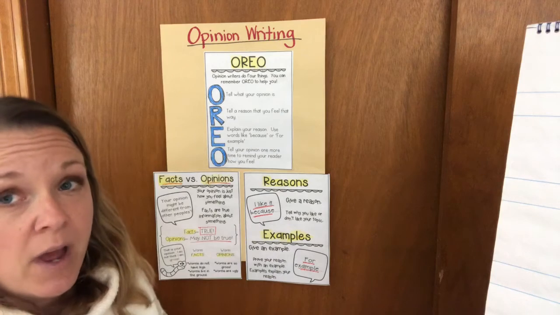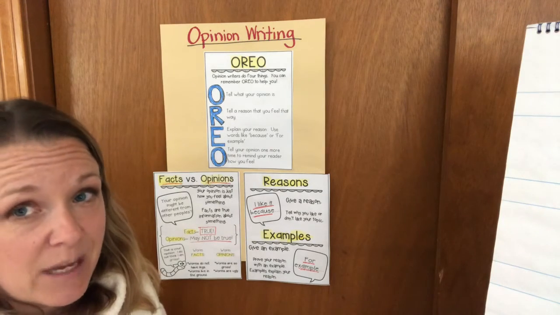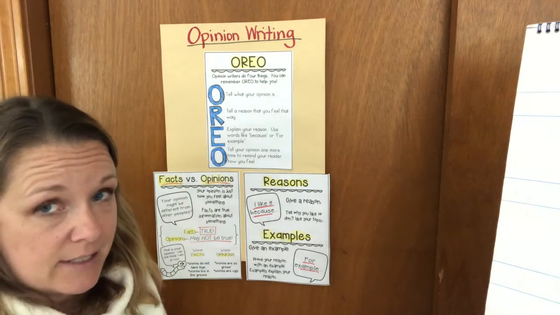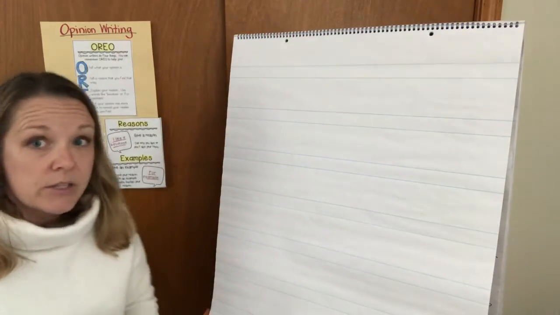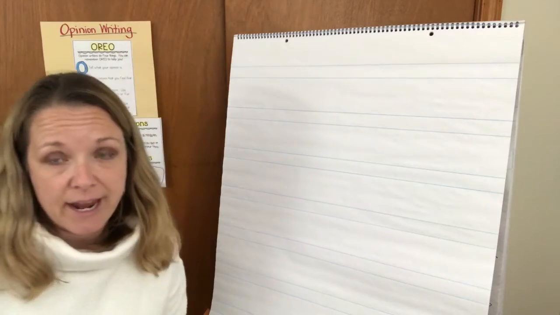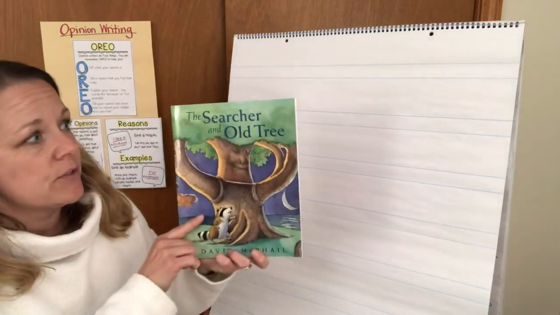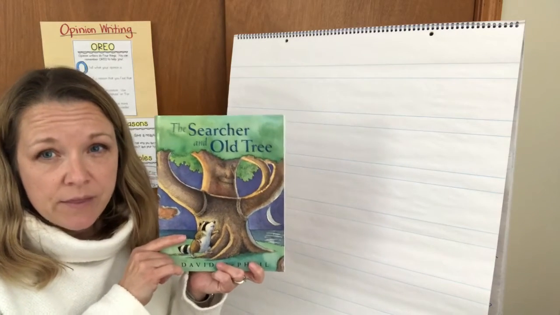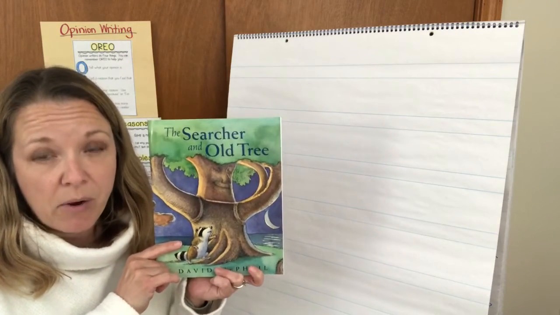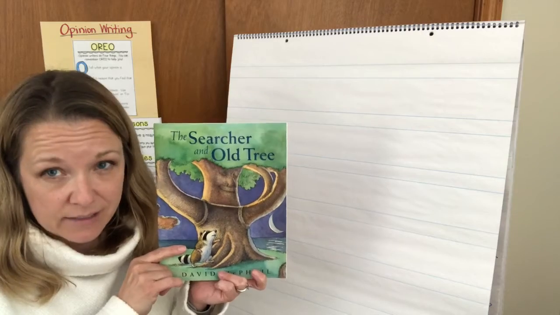I'm going to show you how I'm going to use examples to back up my reasons today. Okay, so I want to do an opinion writing today after I've read the story, The Searcher and the Old Tree. If you want to hear a reading of this story, then go to my video about how to find the theme in text.